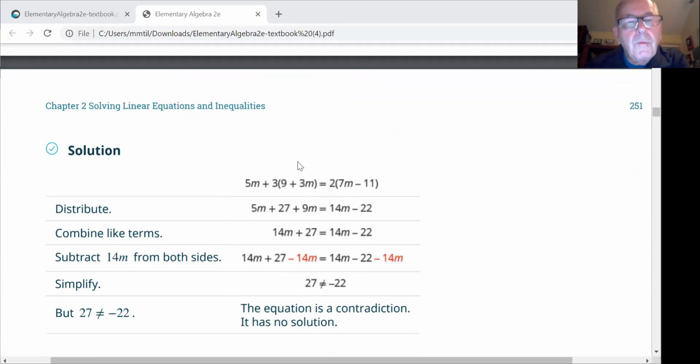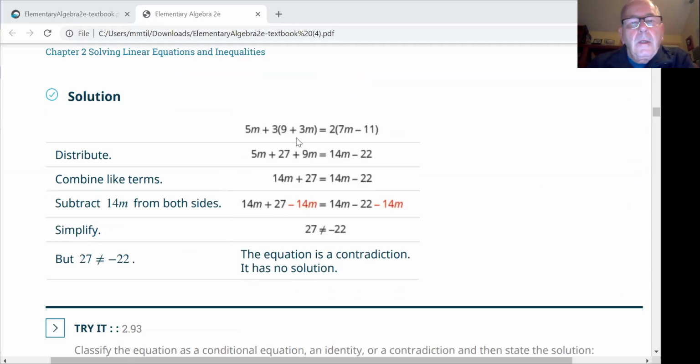Okay, here's another one. We'll just go over it together. It's 5m plus 3 times m plus 3 is equal to 2 times 7m minus 11. We have to distribute initially, so we get 5m plus 27 plus 9m is equal to 14m minus 22. Combine like terms. Left-hand side, you've got 5m and 9m, so it's 14m plus 27, and that's equal to 14m minus 22.